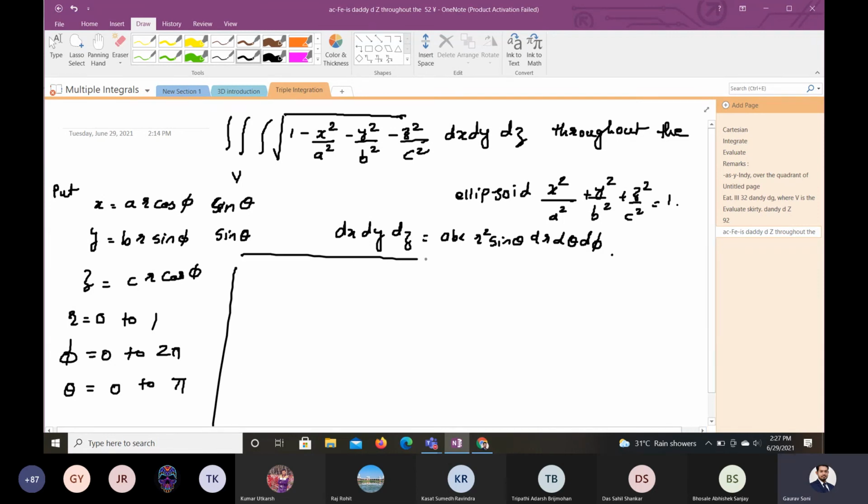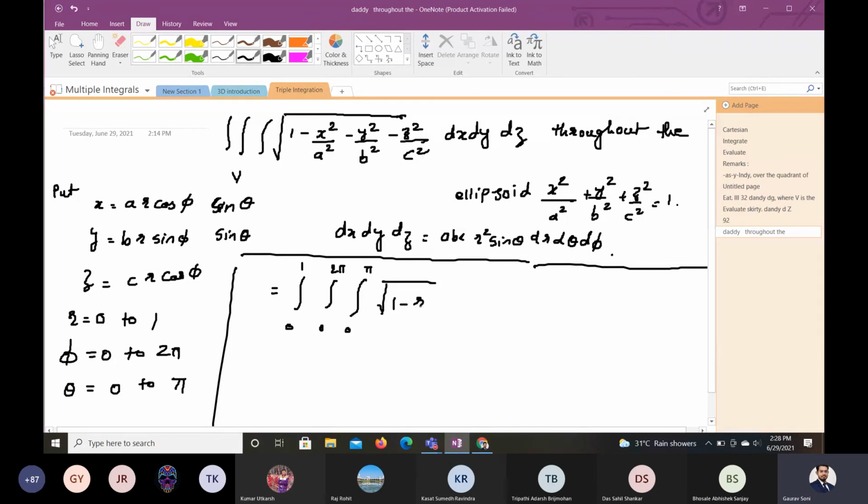Let's substitute all these values in the integration. So we'll have 0 to 1, 0 to 2 pi, 0 to pi, under root 1 minus r square, dx dy dz is abc r square sin theta.